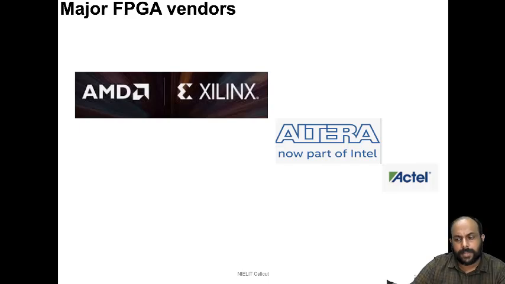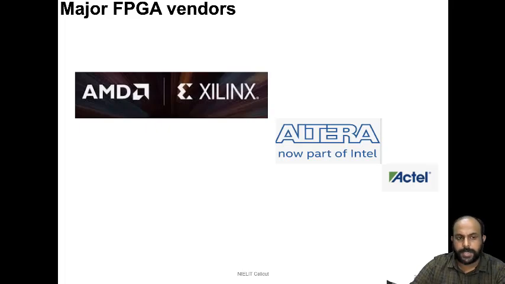And this is another important piece of information: the major FPGA vendors, most of the companies, were originally known as Xilinx, Altera and so on. Now Xilinx was acquired in 2021 by AMD, and the next bigger company is Altera, which is now part of Intel.